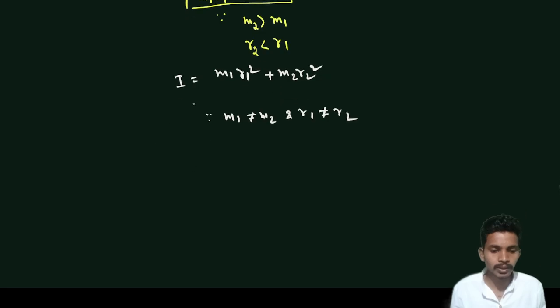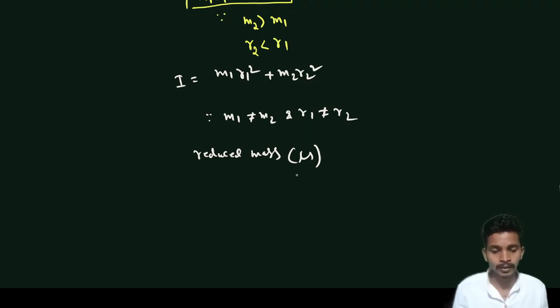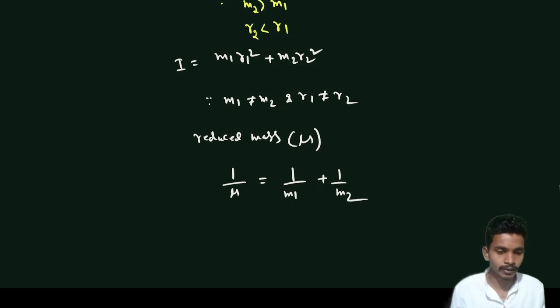use the reduced mass. We know why we use reduced mass, and this is the basic thing that we may know, that 1 upon the reduced mass is equal to 1 upon M1 plus 1 upon M2, and if I add it, then what will you get?